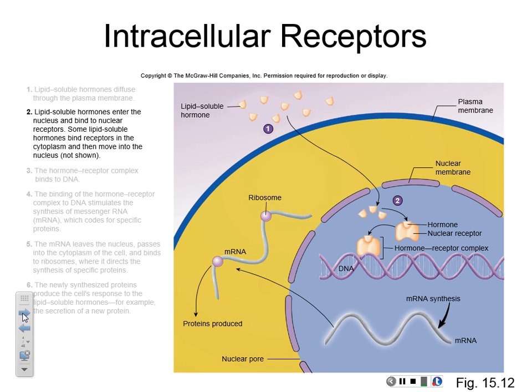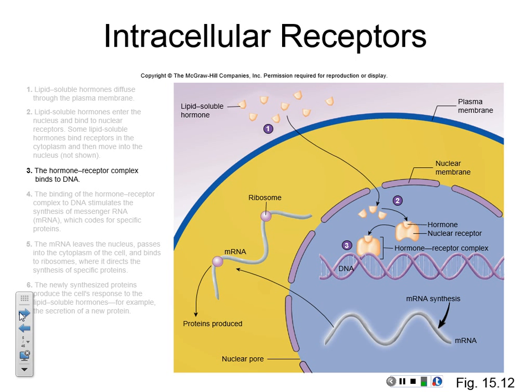Because it's going straight into the nucleus. So this one is a nuclear receptor, and this may have some sort of hydrophilic parts on it. This kind of hormone will, once it gets into the nucleus, attach to a certain specific spot on the DNA. Okay.